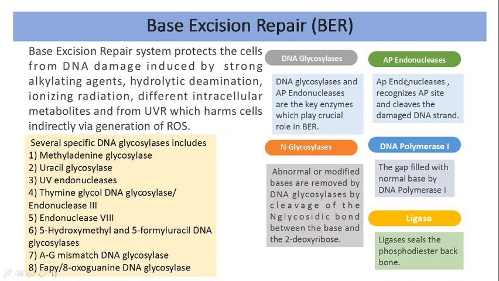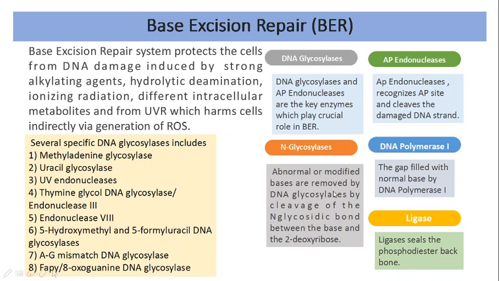This AP site will be recognized by the AP endonuclease, which will cleave the damaged DNA strand adjacent to the lesion to excise a segment of the strand. So it creates a gap in the defective DNA strand, which will be recognized by DNA polymerase 1, and the gap will be filled with the normal base.